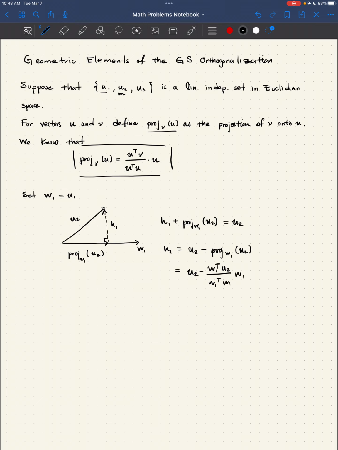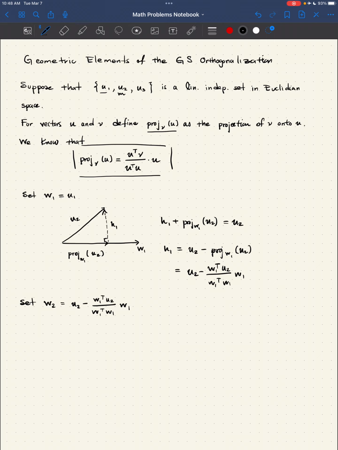Now, I'm going to set W2 to be exactly this vector, this H1, which would be U2 minus W1 transpose U2 over W1 transpose W1, times W1.